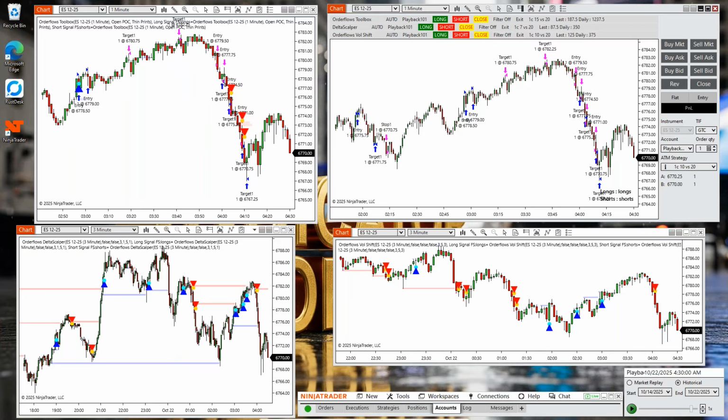Can you adjust when the trade is entered, like on bar close, or does it automatically trigger once triggered? I think the question is, can you adjust when the trade is entered? Once you're in the trade, you can move your take profit and your stop.